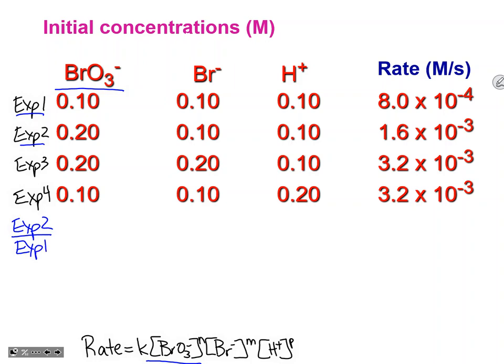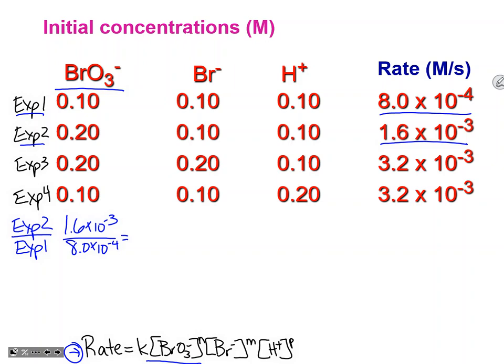All right, and we're going to be following this format of this overall equation. So the rate here for experiment 2 is going to be 1.6 times 10 to the minus 3. That's going to be over the rate of experiment 1, which is 8 times 10 to the minus 4.